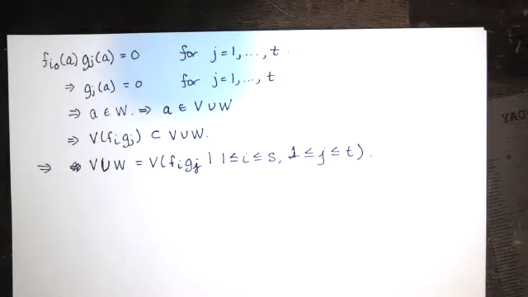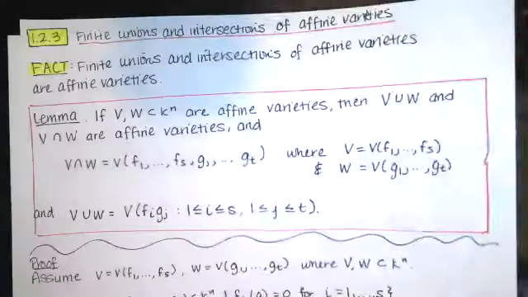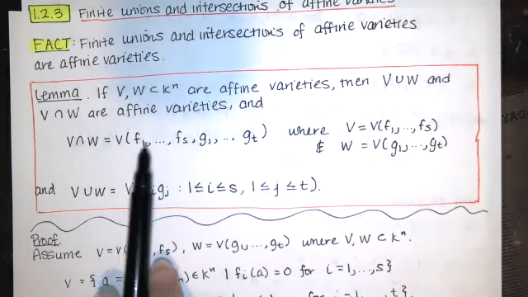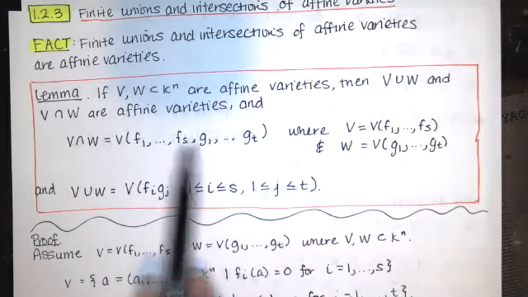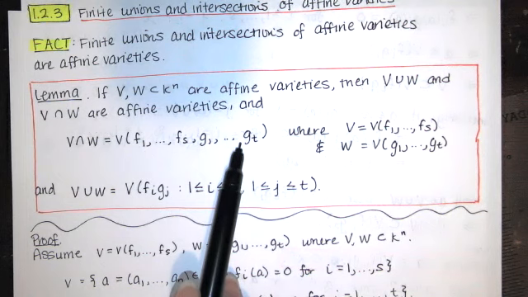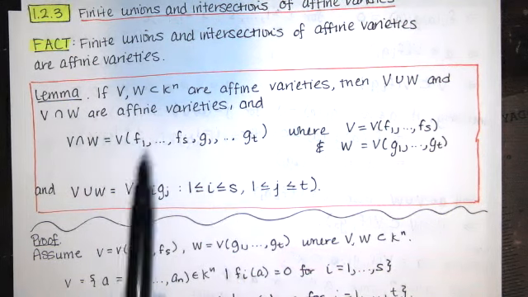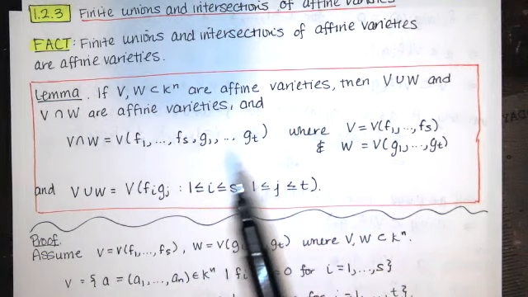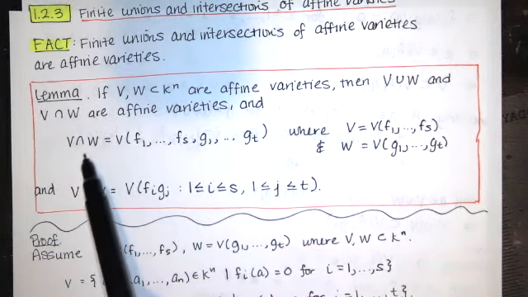All right, so we've shown that if V and W are affine varieties, then their intersection is an affine variety, and its defining polynomial functions are these S plus T polynomial functions in n variables, x of 1 through x of n.